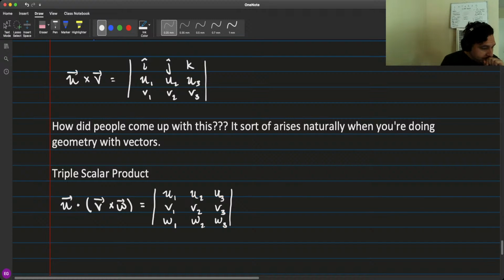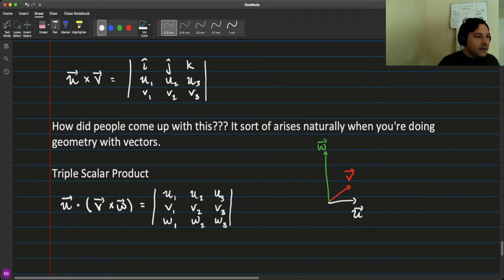Well, let's say you were to draw your three vectors and use them to make a little box. So u could be the width, v could be the depth, and w could be the height.